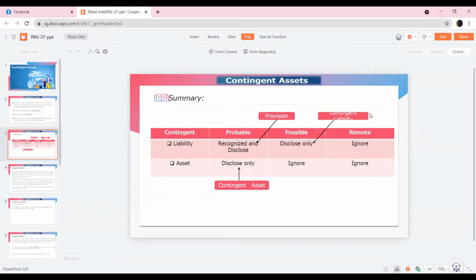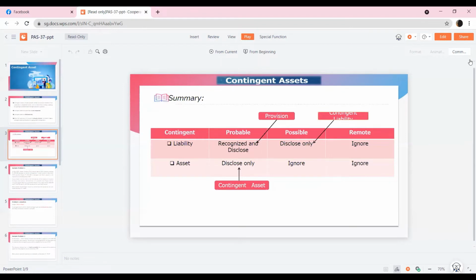So, ibig sabihin, mas malala kapag asset. Because dito, meron tayong tinatawag na prudence or conservatism. Ibig sabihin ng conservatism or prudence, asset and income must not be overstated. Therefore, mas istrikto tayo doon. Then, liabilities must not be understated.